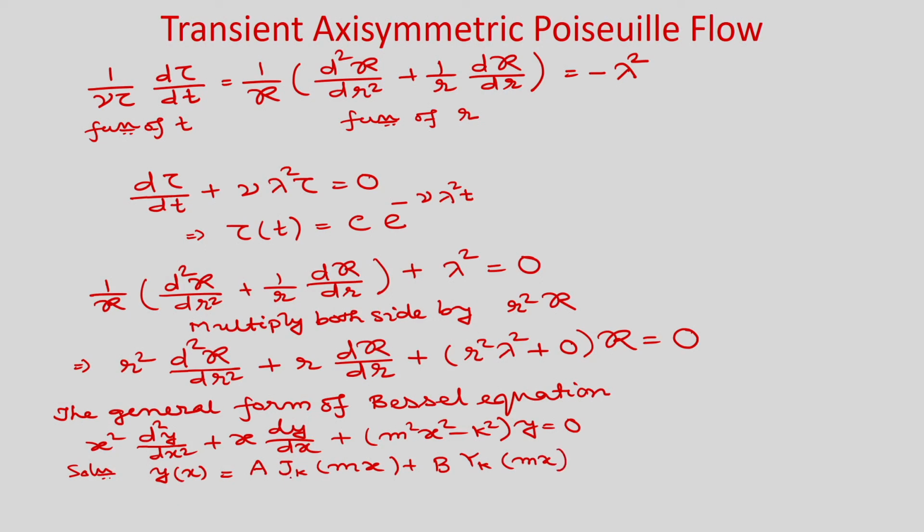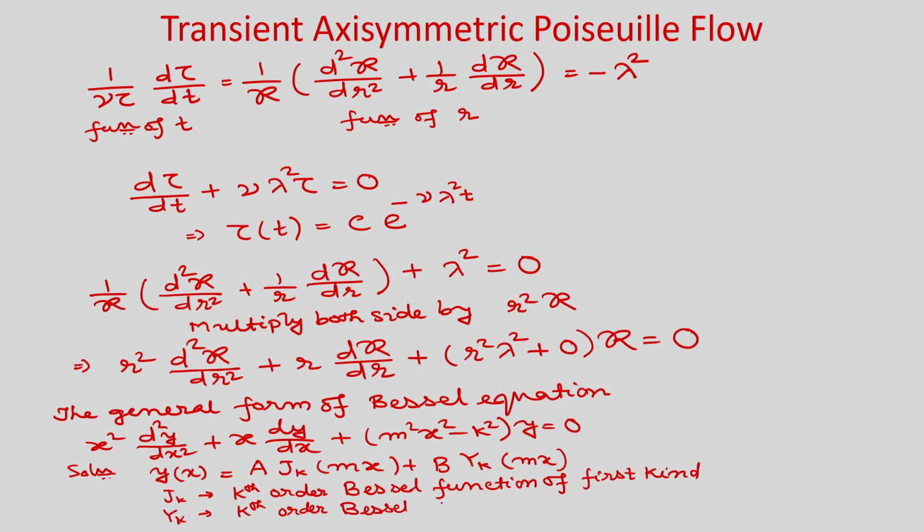You can see J_k is known as the kth order Bessel function of the first kind, and Y_k is known as the kth order Bessel function of the second kind.